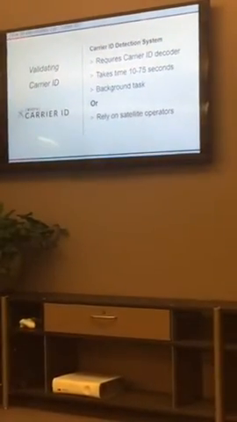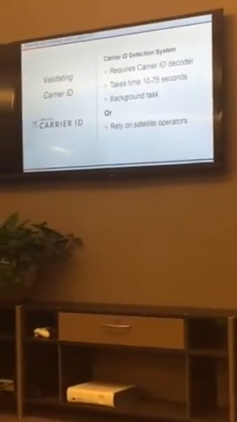It takes a little bit of time to decode the carrier ID. So another way is to build your own detection system, or buy one from someone like Crystal. We don't build detectors, but there are companies that do. Teamcast has a detector, Comtech has a detector, and others I'm sure will build them.